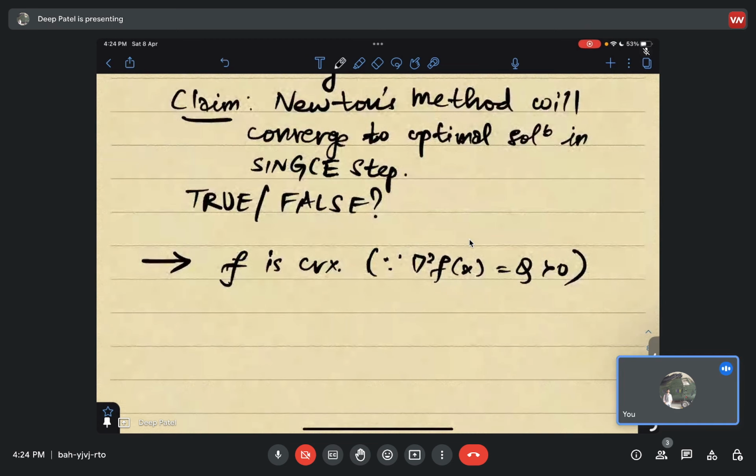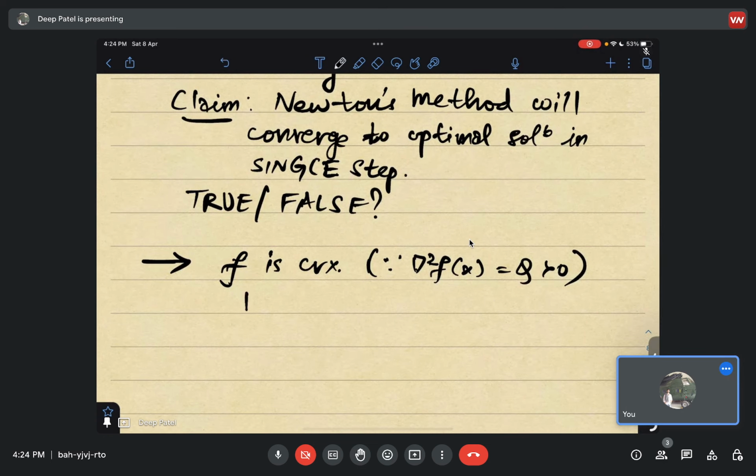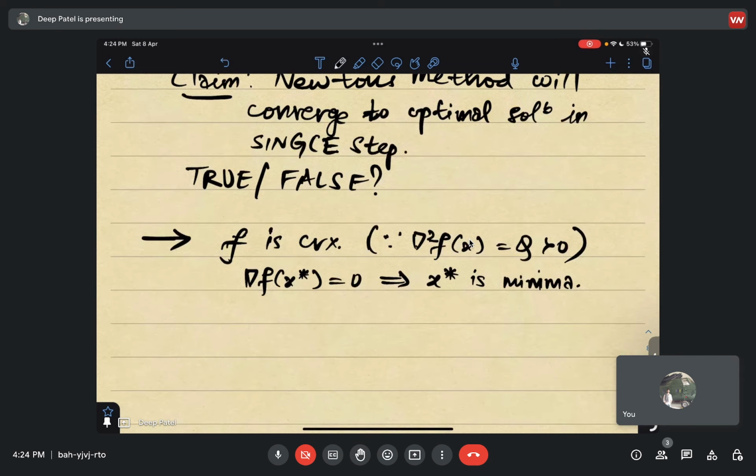Then if the gradient of f at x star is 0, this implies x star is the minimum, and because it's a convex function, the local and global minima are the same.